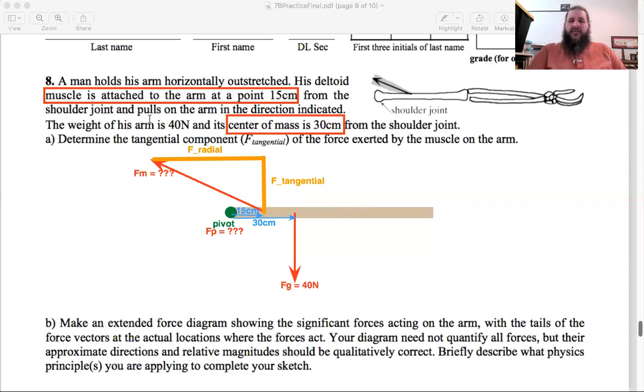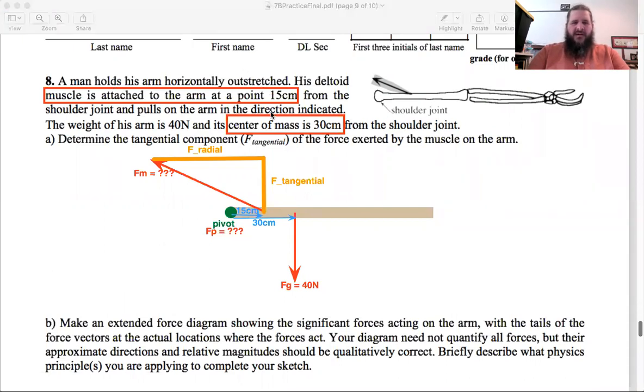We could use forces or torques. The forces have to add up to 0 and the torques have to add up to 0. But what would be the big advantage of using torque specifically? Yeah, if we're using torque, we can ignore any forces at the pivot point. And that's good because there's some unknown force at the pivot point that we'd rather not have to worry about.